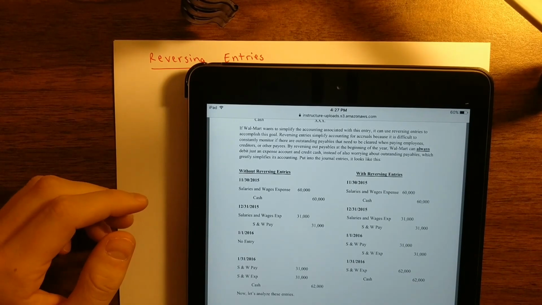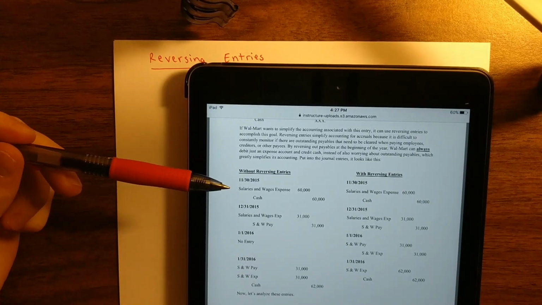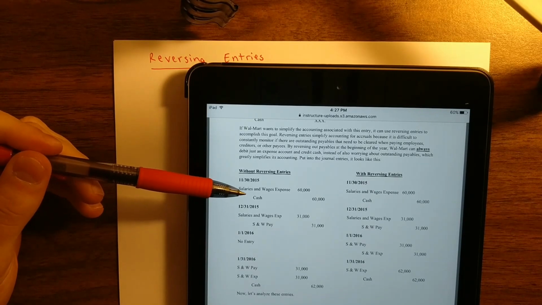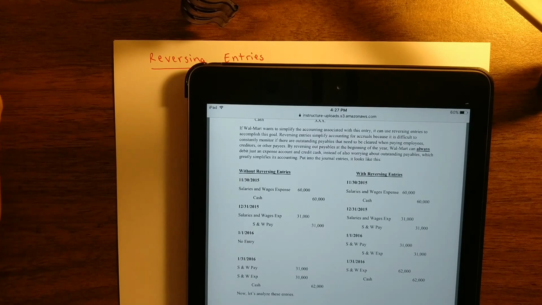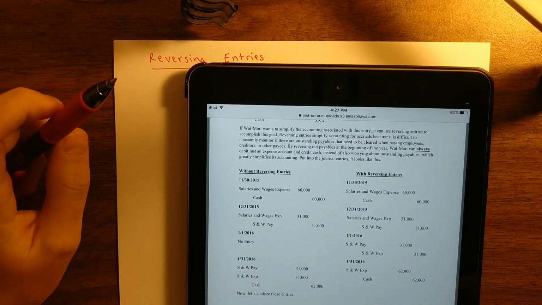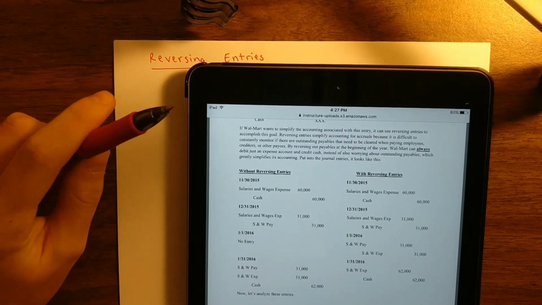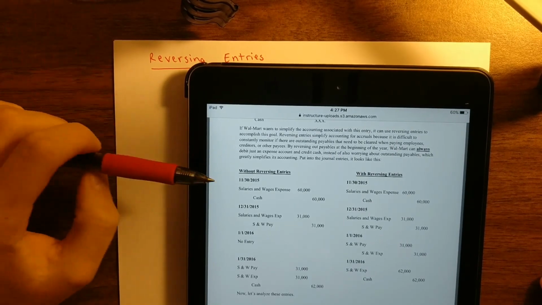In this situation, you have a company that's recording salaries and wages. This first entry on 11/30 of 2015 is where they're just paying out cash, which is a relatively normal entry.